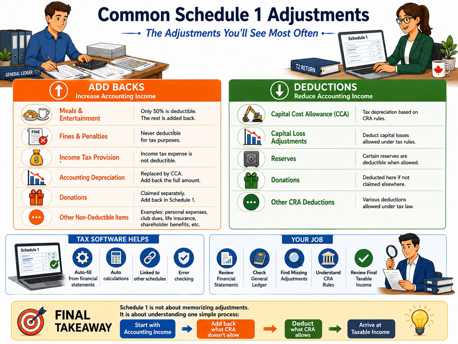These adjustments increase taxable income. Some of the most common add-backs include the non-deductible portion of meals and entertainment, fines and penalties, income tax expense, accounting depreciation, and certain other expenses that the CRA does not allow as tax deductions.